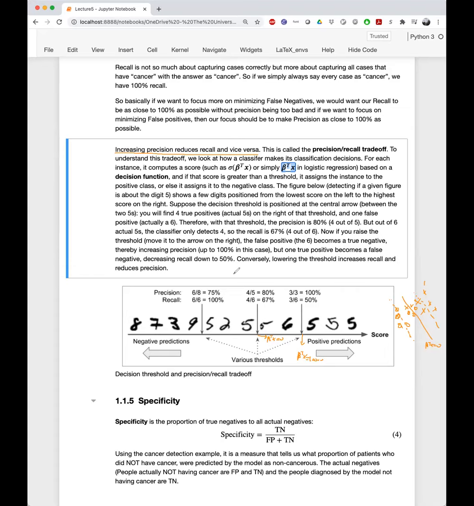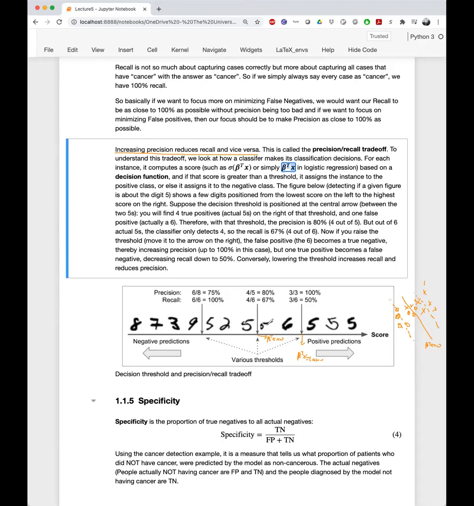Another way to do it is we can do it quantitatively using this example here. Suppose our initial threshold is here, but that means to the right of this threshold, we'll predict it as 5, and to the left, we'll predict it as non-5. All right, so using these thresholds, let's look at the precision of our model.